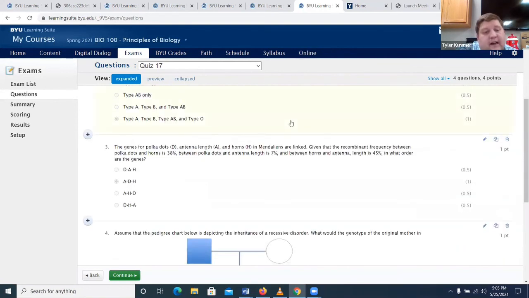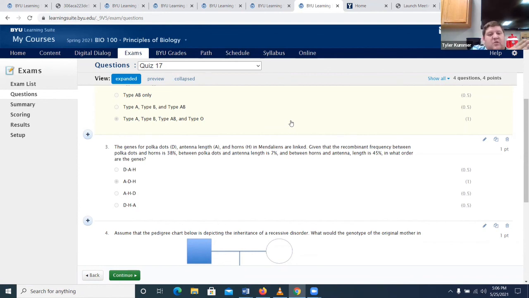The genes for polka dots and antenna length and horns in Mendelians are linked. Given the recombinant frequency between polka dots and horns is 38%, between polka dots and antenna length is 7%. So we know dots and horns, they're theoretically 38 units apart. And we know that dots and antenna are 7% apart. What we don't know is whether it's antenna length towards horns, or is it away from horns, right?